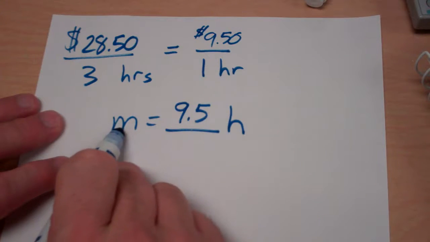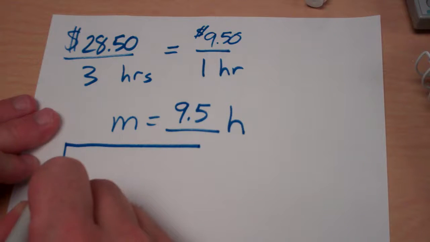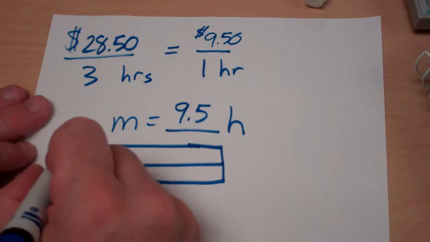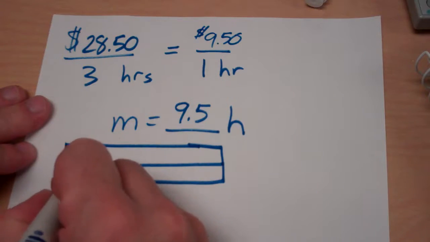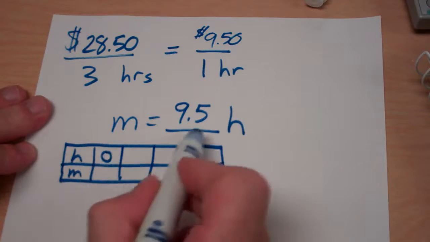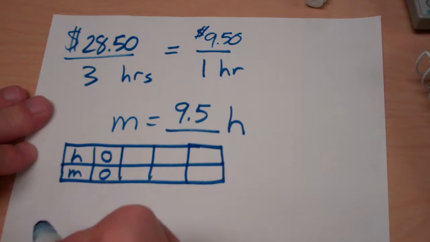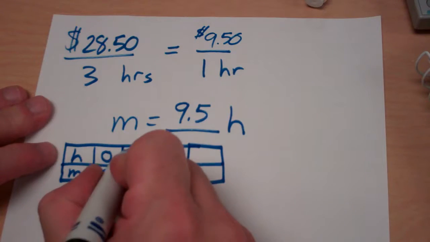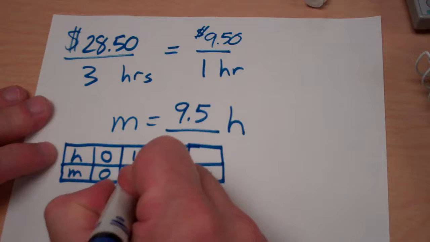and that is $9.50 for every hour. So let me show you what that looks like as a table then. So let's say she works several different sets. What if she works 0 hours? 0 times 9.5 is 0. By the way, that's proportional, that 0, 0 idea, right? Origin. If she works 1 hour, 1 times 9.5 is 9.5.